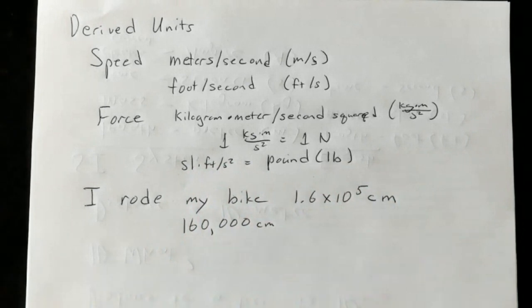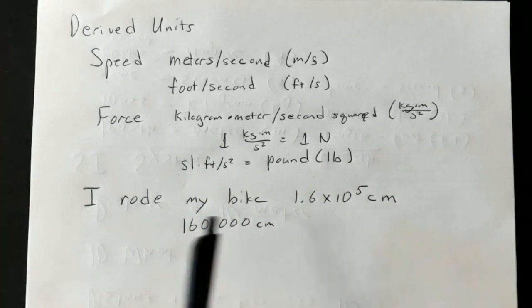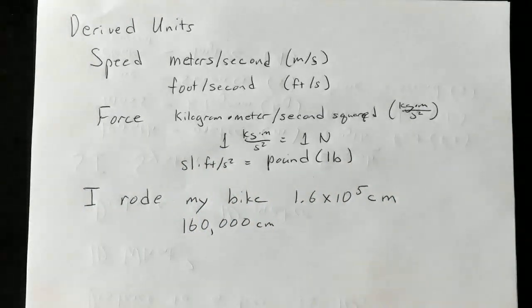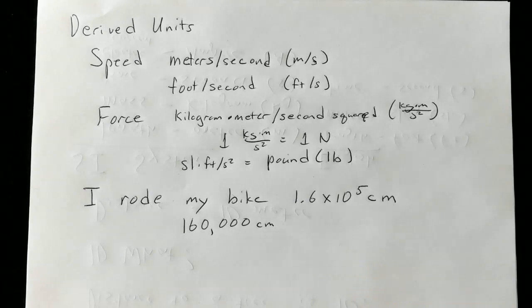How far have I gone? Now, before you make the trivial answer and say it's 160,000 centimeters, that's not what I mean. The question is, what am I describing in this situation?